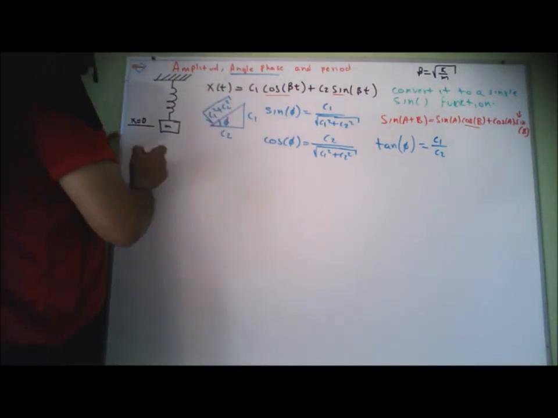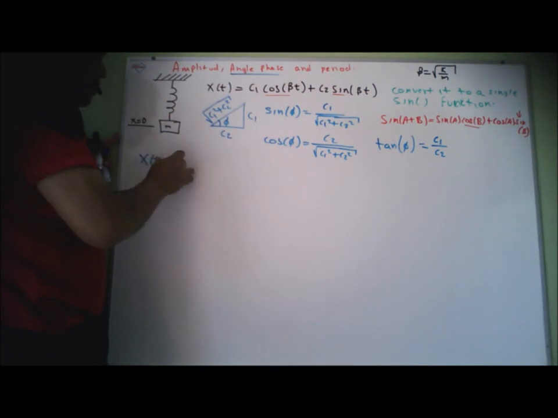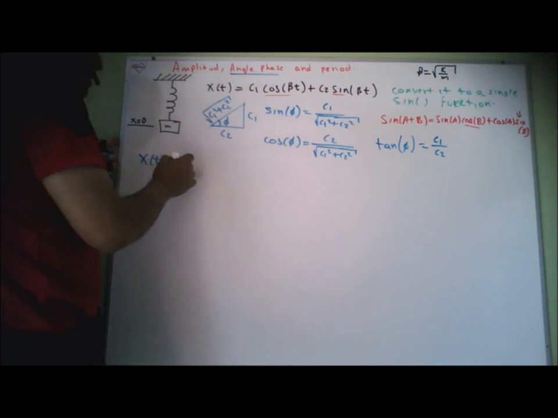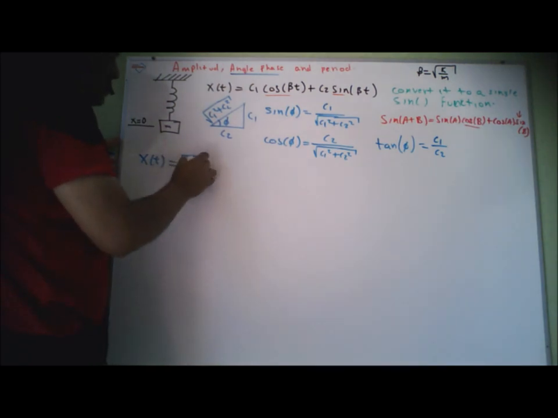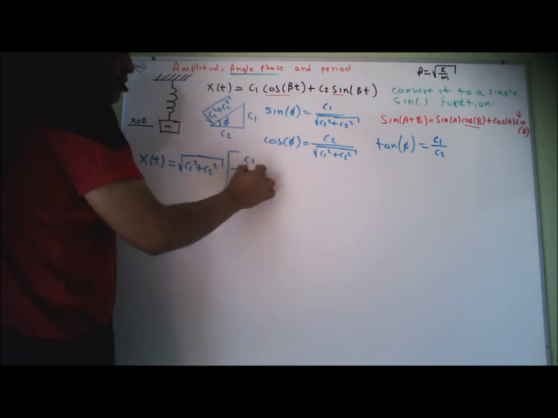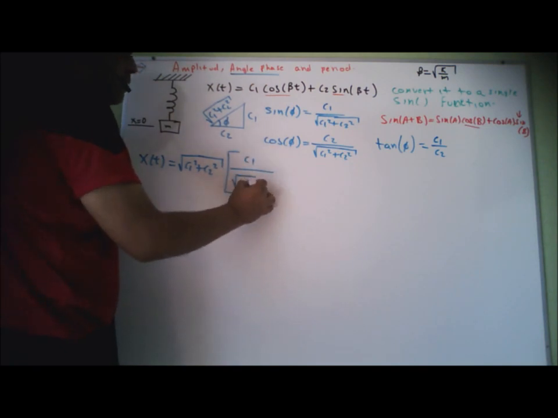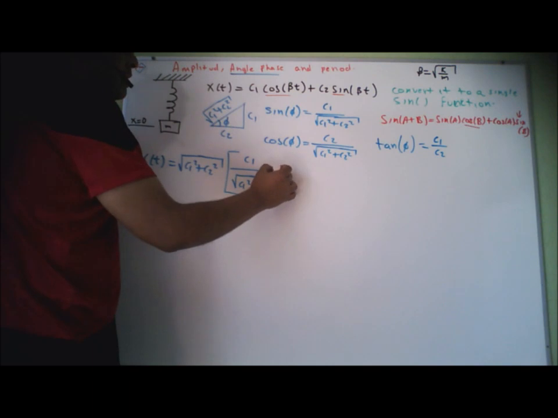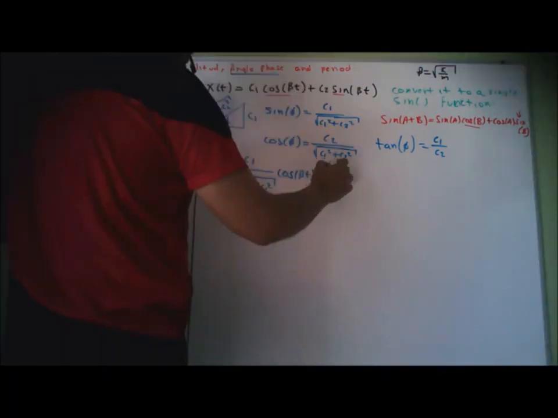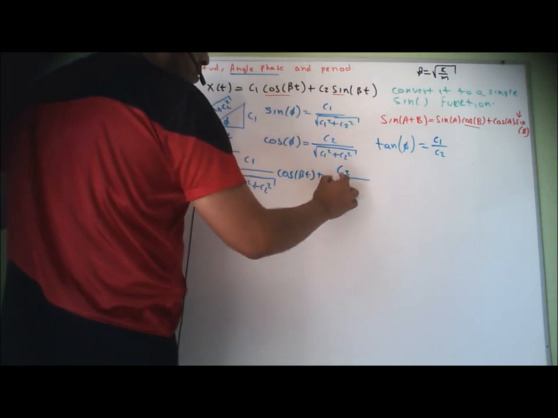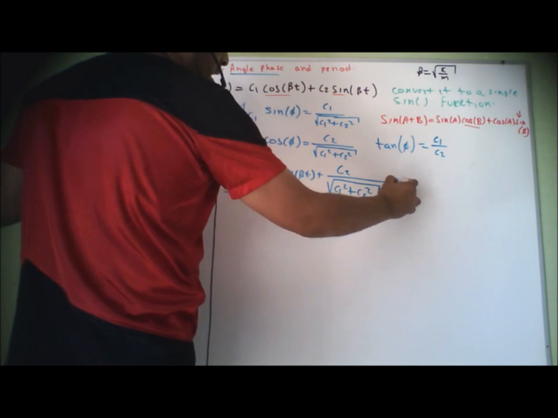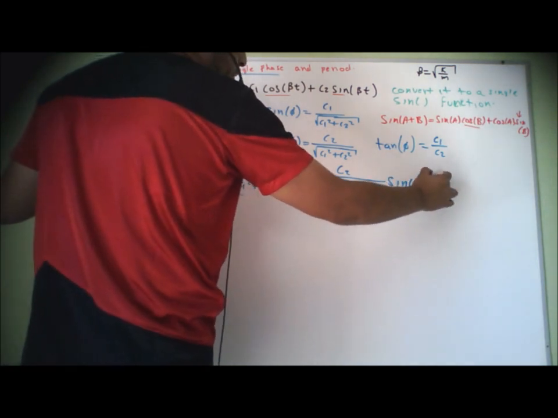So x of t, what I'm going to do is divide by this and multiply at the same time. So the square root of C1 squared plus C2 squared, times C1 over the square root of C1 squared plus C2 squared, and then the cosine of beta t, plus C2 over the square root of C1 squared plus C2 squared, the sine of beta t.